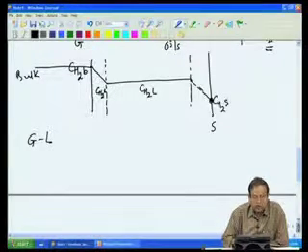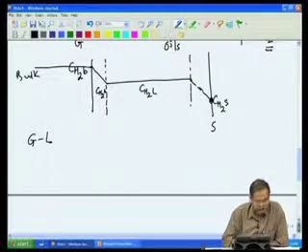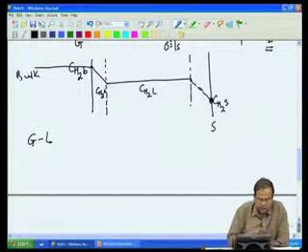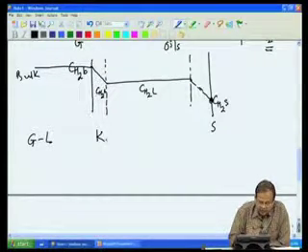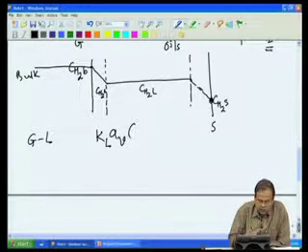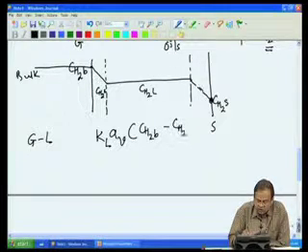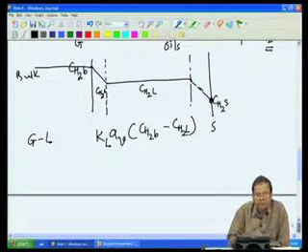The rate at which hydrogen is transferred across the gas liquid interface can be represented as KL into AV into (CH2 bulk minus CH2L).